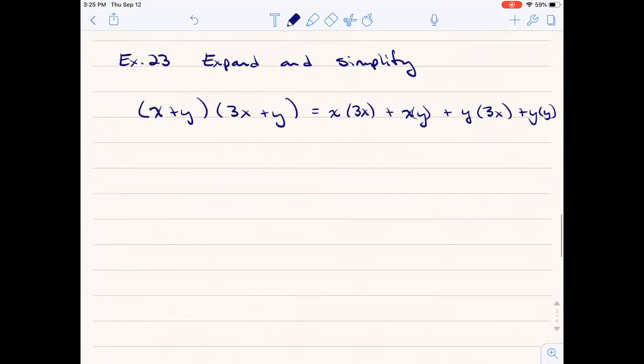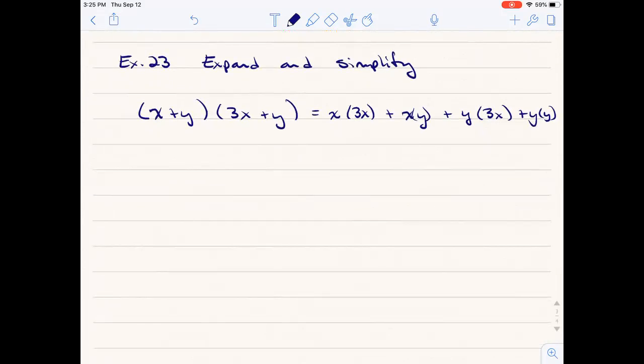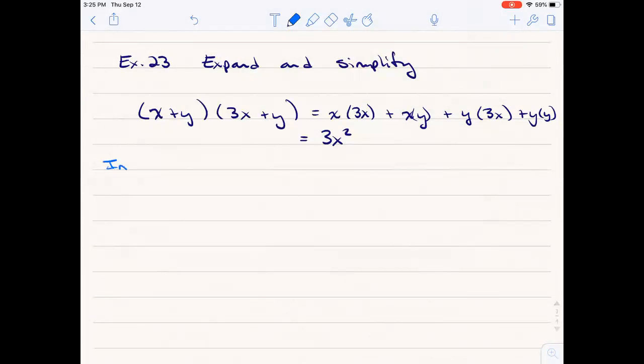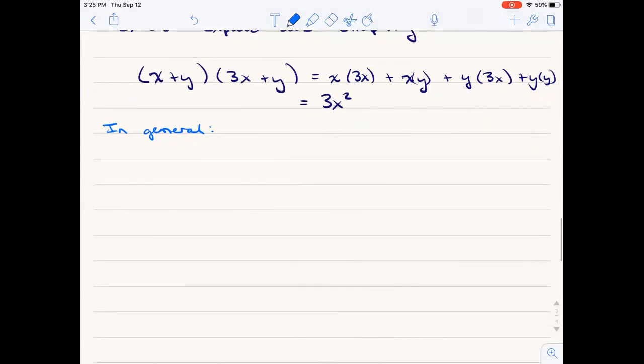So now we've expanded. Now we have to simplify. And so we get 3x squared. Let's just write a little note here. In general, a to the power of m times a to the power of n is a to the power of m plus n, right?